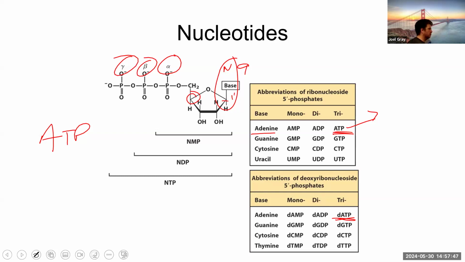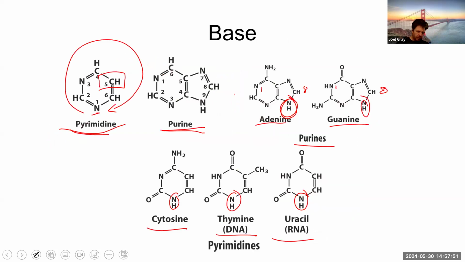Does that make sense? Now, when we jump over here and we talk about the pyrimidine, we have a 1 prime, 1 N-glycosidic linkage. So here's my 1 prime carbon.